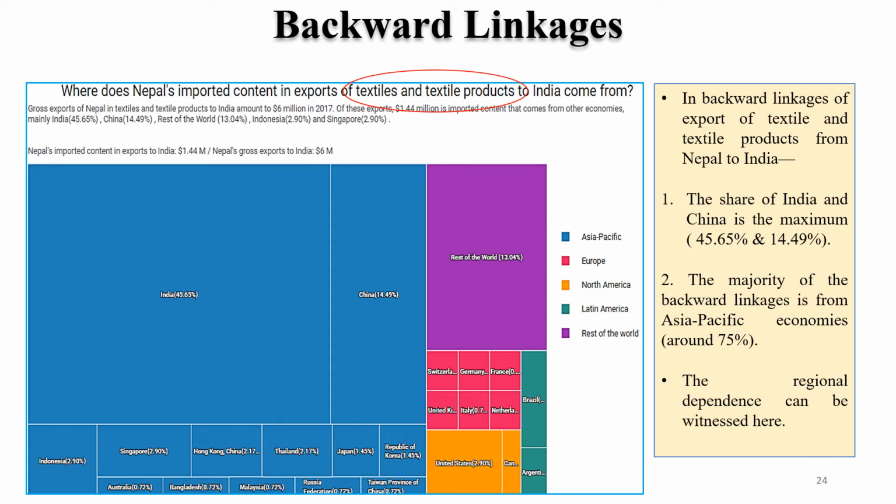So in backward linkage, we can say that these two countries in Asia Pacific are significantly contributing to Nepal's exports of textile products. It is raw materials which are coming from India, processed in Nepal, and then going back to India.